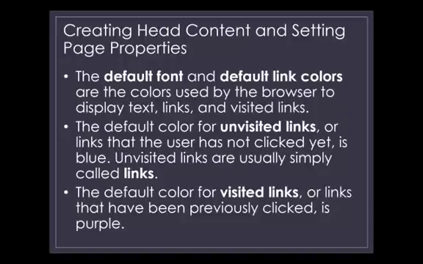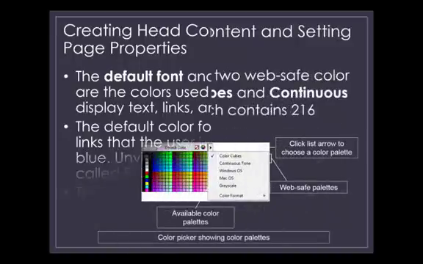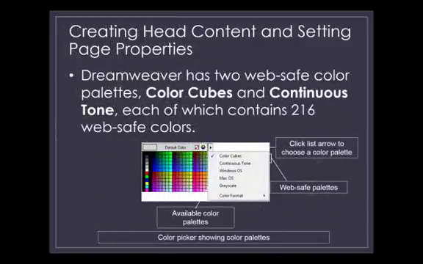Now, color really conveys information differently. Before 1994, colors appeared differently on different types of computers. There were differences in the way that the browsers displayed them, but there were also a lot of differences in the types of monitors that people used. So, in '94, Netscape developed the first web-safe color palette. That's basically just a set of colors that appear consistently in all browsers and on the Mac, Windows, and Unix platforms.